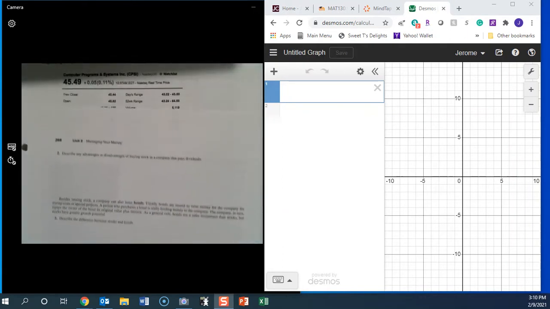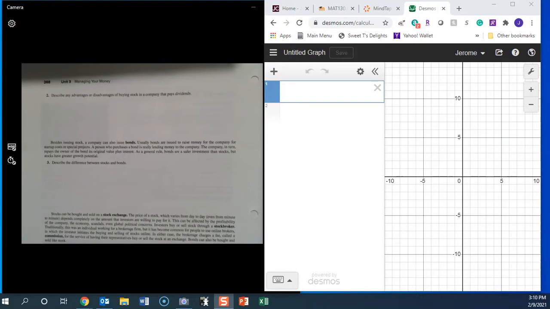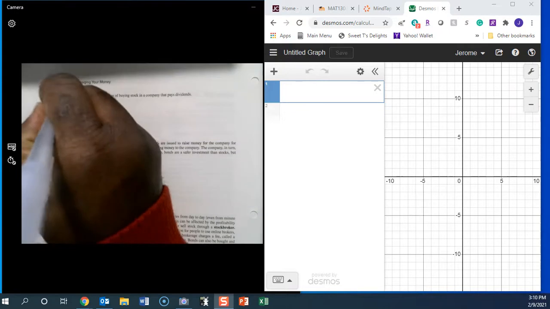Okay, now we go here to the back. Now it says number 2. Describe any advantages or disadvantages of buying stock in a company that pays dividends. Like I've done before, I'm just going to do one pro, one con.